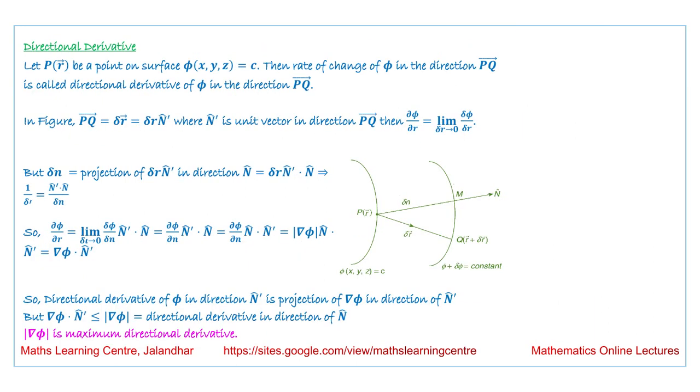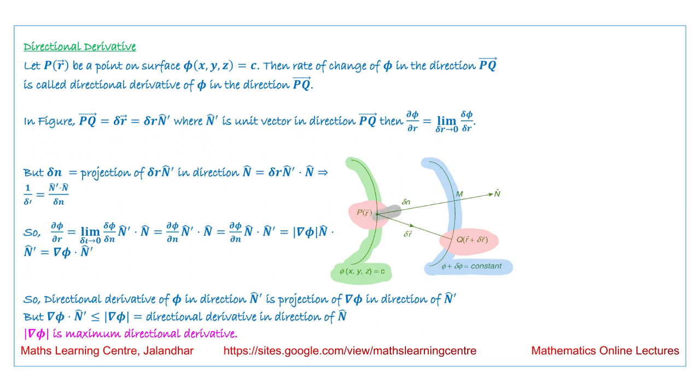Now next we have the directional derivative. Again we are considering that we have a level surface, phi is equal to c. There is another level surface, phi plus delta phi is equal to a constant. We are considering 2 points here: one point is P on this surface, and the point Q on the other surface.